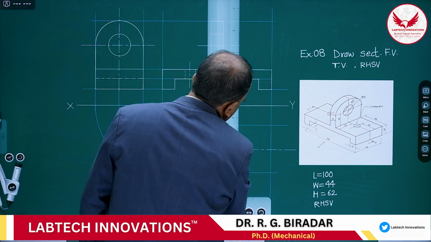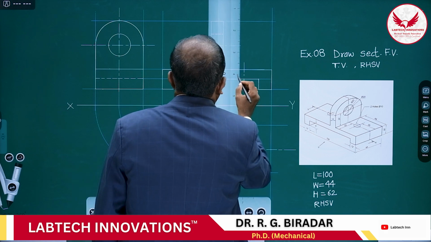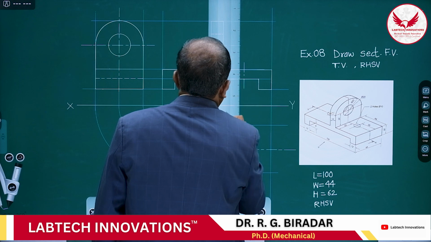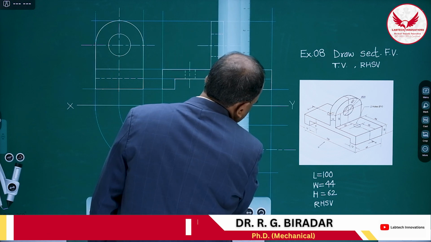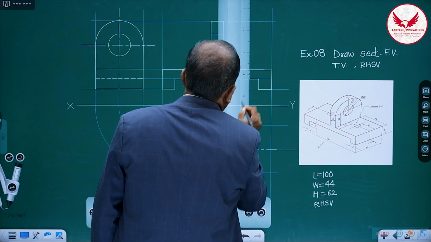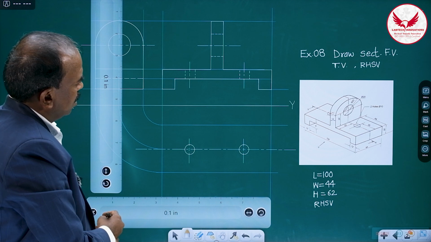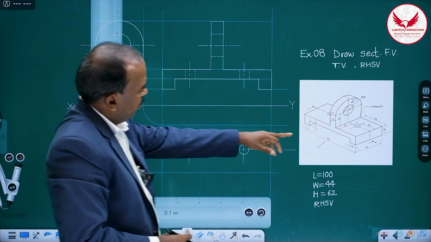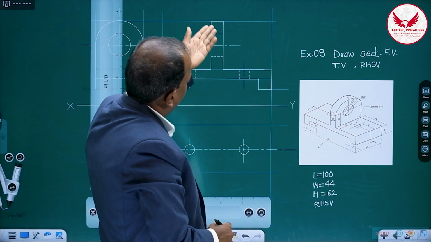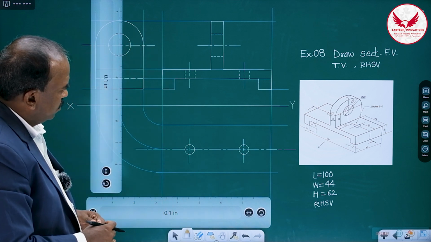So here also, it's a small hole. So these are the dotted lines. The front view is over. The base plate has 2 holes, and this is a semi-cylindrical plate, so there also the hole is there.